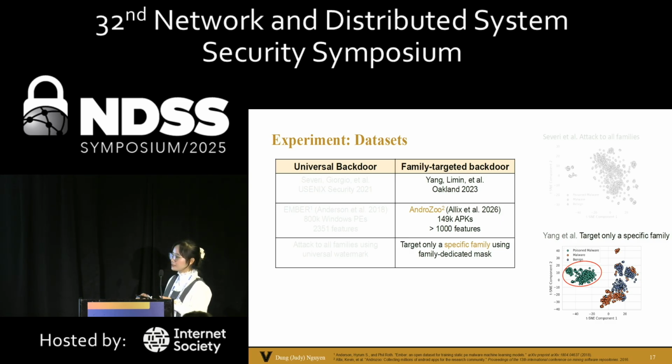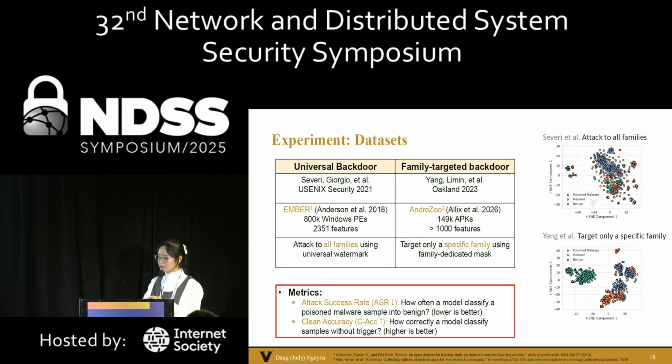Which means even with a malware family that is not similar to the targeted family, the backdoor function will not be activated. And to measure it, we use 2 metrics. The first one is the attack success rate, and the second is the clean accuracy. And we want to minimize the attack success rate as low as possible and maintain high clean accuracy.